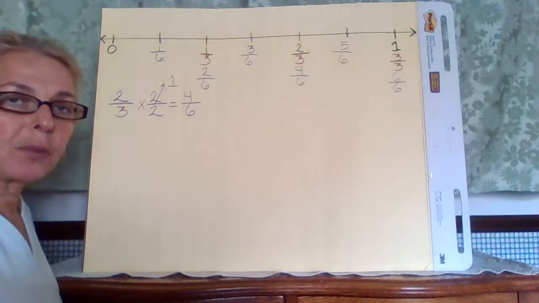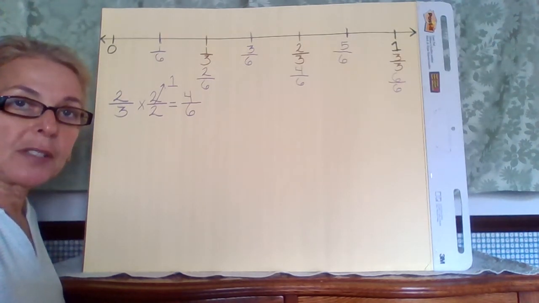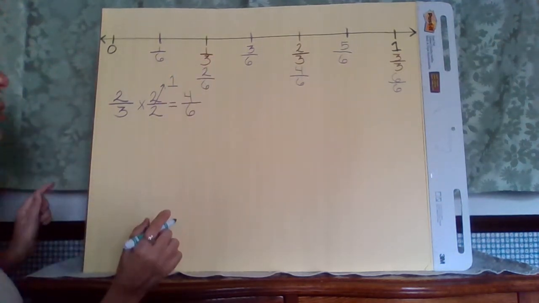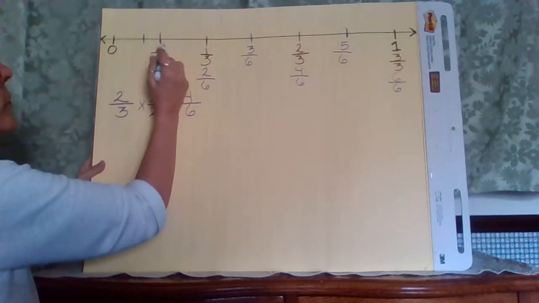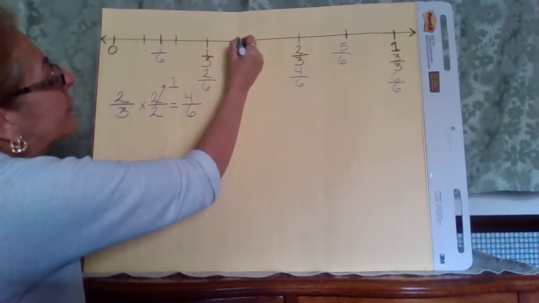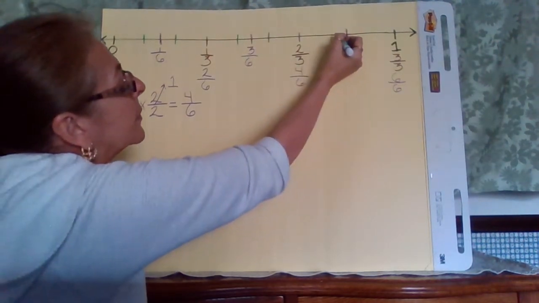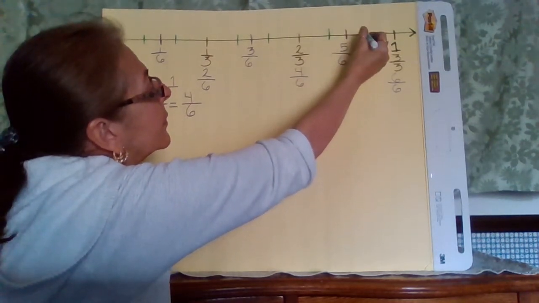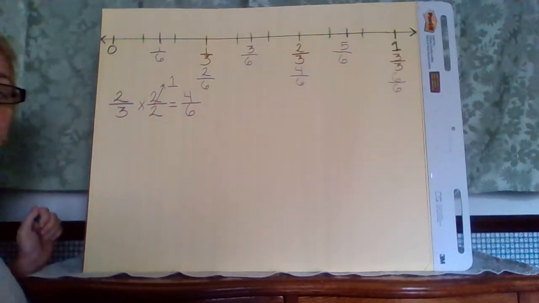Okay, let's go back to our original thirds. Now this time, we're going to triple the number of parts that we have. So I'm going to divide each third into 3 equal parts. And how many parts do I have now?